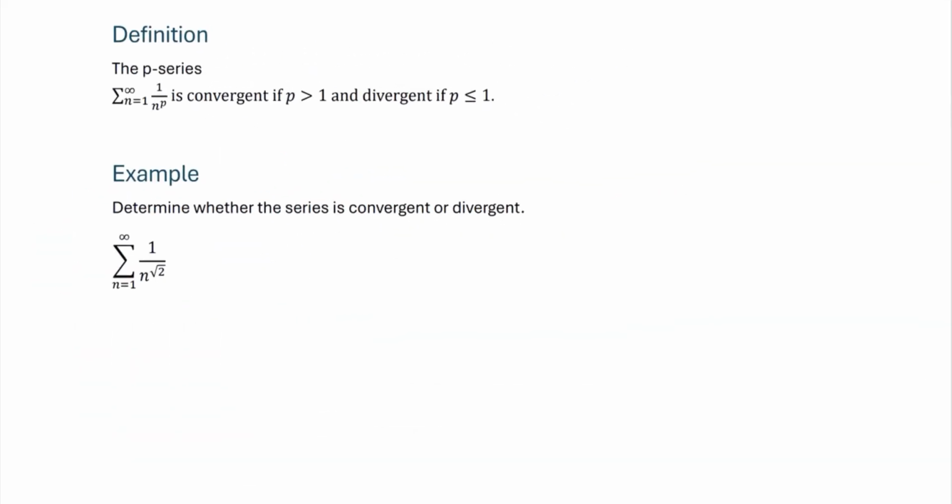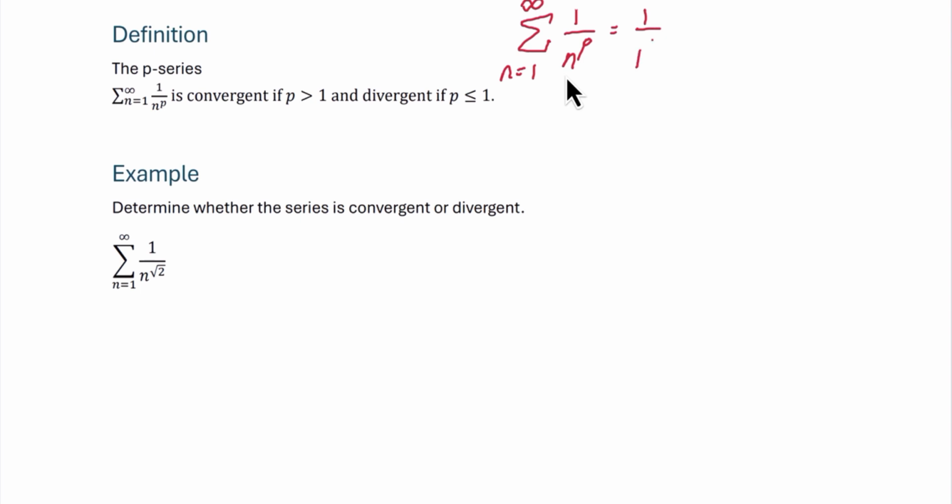Up next we have the p-series. Note that the p-series is the sum from n equals 1 to infinity of 1 divided by n raised to the p. So we can think of this as 1 divided by, notice that the base is n, so the base is what's changing.